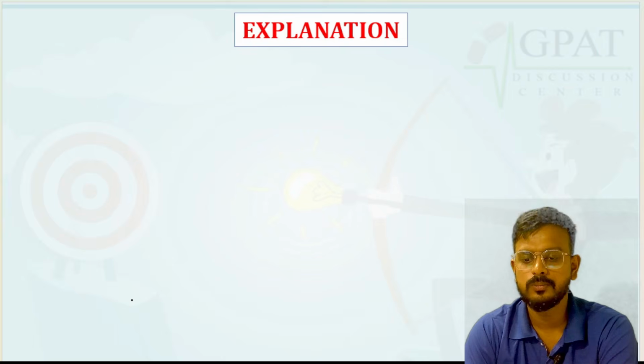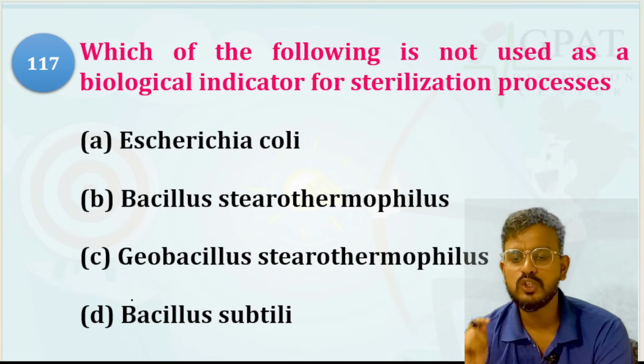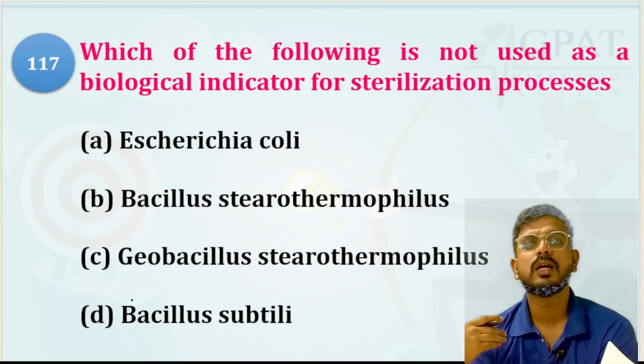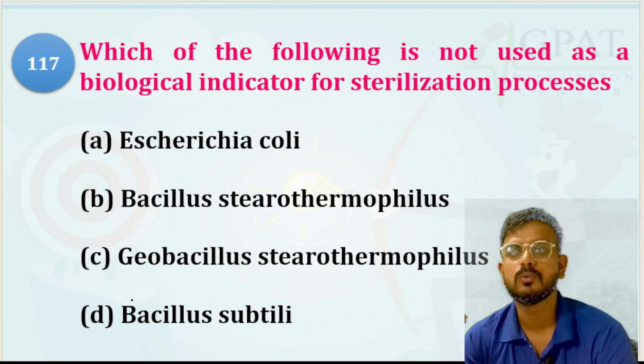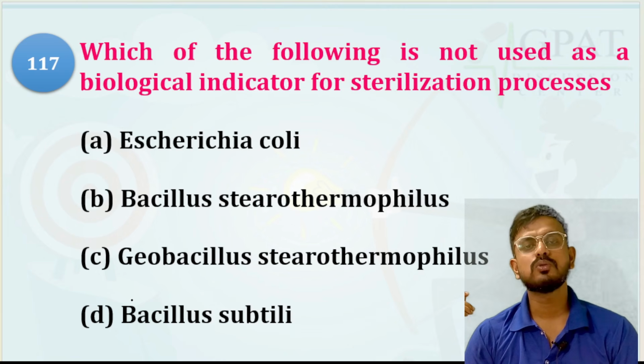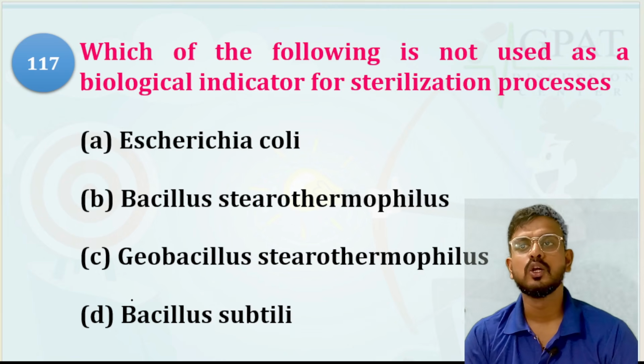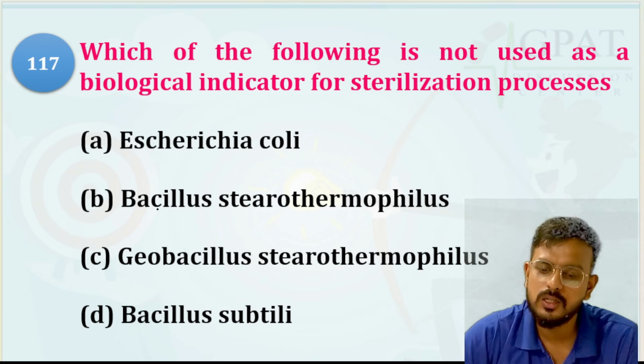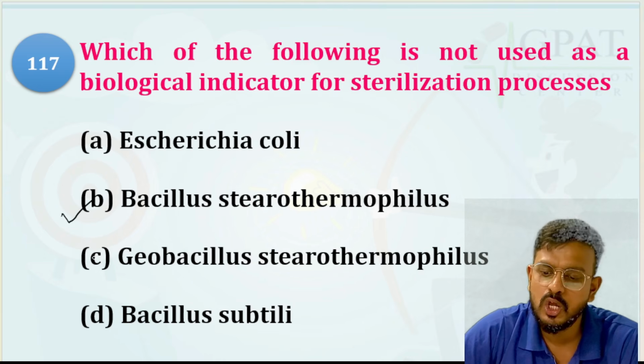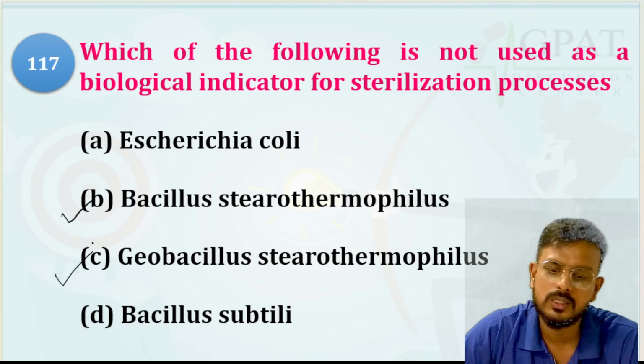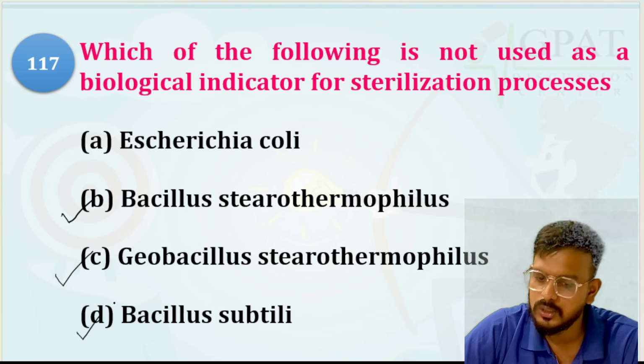Next question. Which of the following is not used as a biological indicator for the sterilization process? We have discussed the biological indicators. Geobacillus stearothermophilus, yes, it is used. Bacillus subtilis is also used.